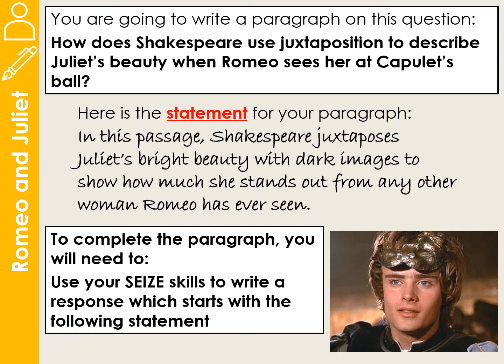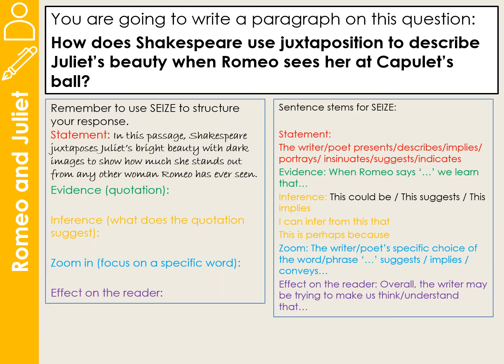On the next slide, we're going to run through a little reminder of what C stands for and some sentence stems which you can use to help you to write your paragraphs. So we've just talked briefly about C's, and you've got your question, which we've put again here at the top of this slide.